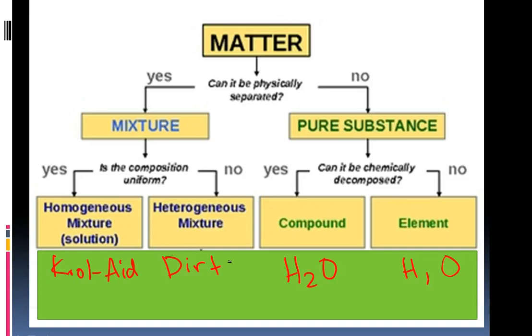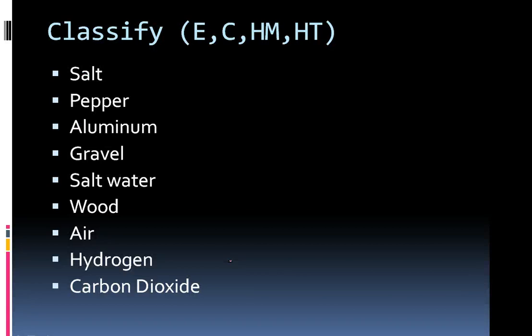So let's try a few and see how we do classifying a few different things. Again, if you'd like to hit pause and try to do this on your own, we're going to classify these as elements, compounds, homogeneous, or heterogeneous mixtures. And we'll see what they are. So if you want to hit pause now, go ahead. See how many hit pause this time.